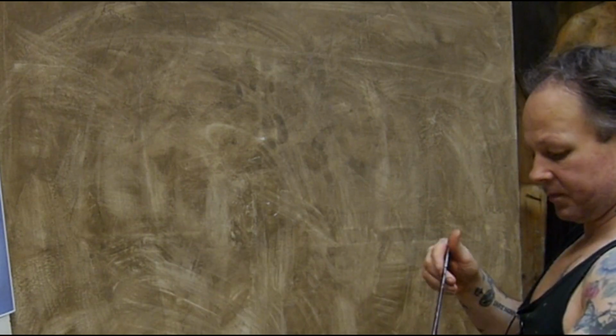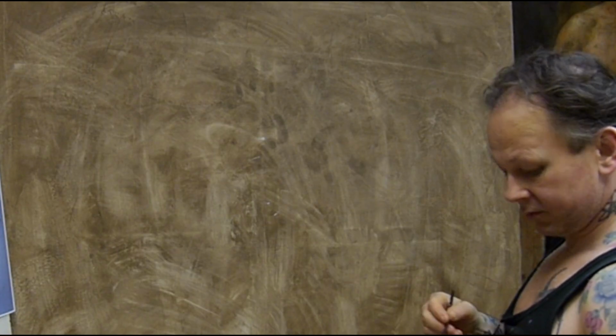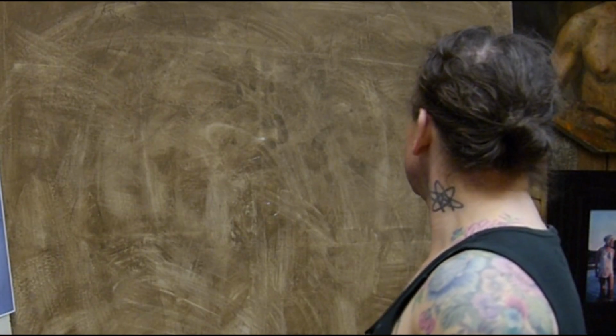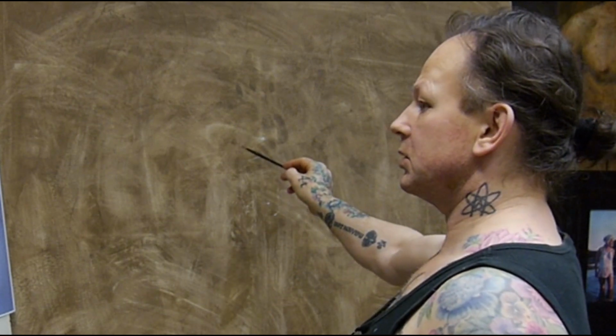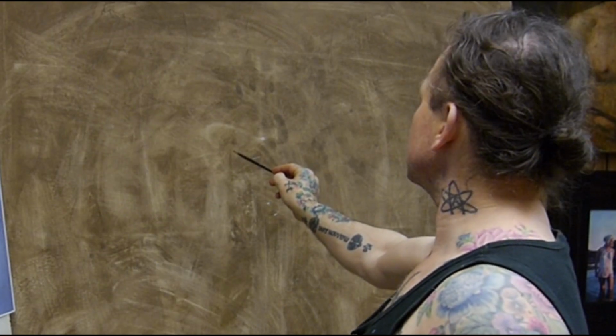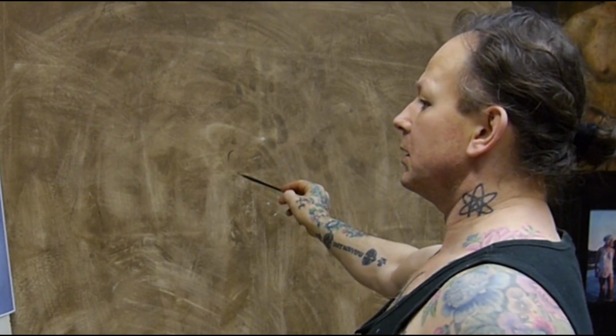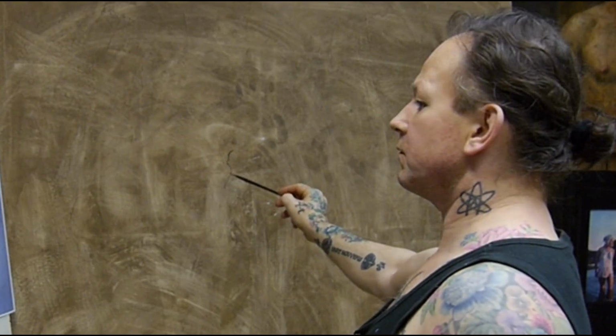I never use a tracer or anything like that. I just start looking at it, and I try to place it as well as I can, and then I just evolve it from there.